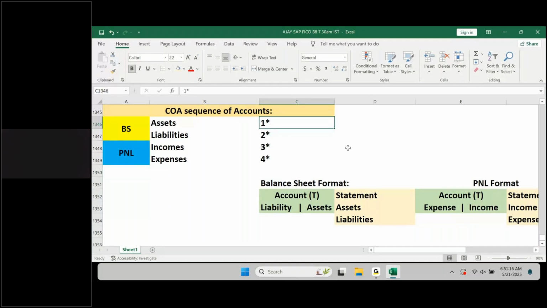Currently, how many digits have I written? 1 or 2? 1 digit, and the star also you have to count, not only the number. How many digits are short? 6. Now I'll put 6: 1, 2, 3, 4, 5, 6. Now is this 8 digits? Yes.